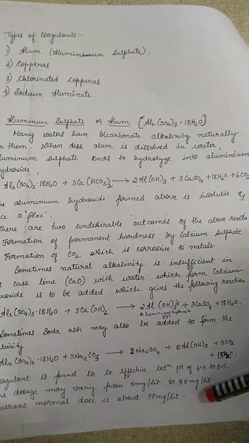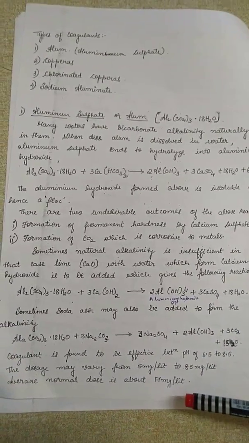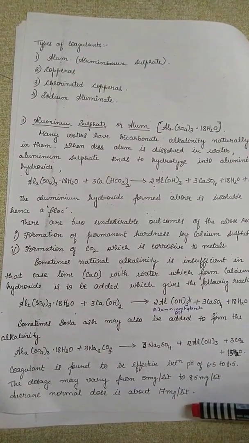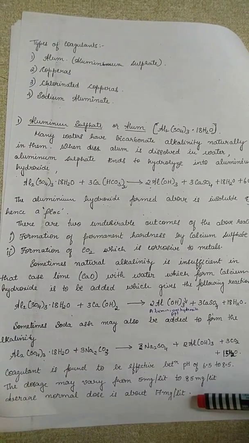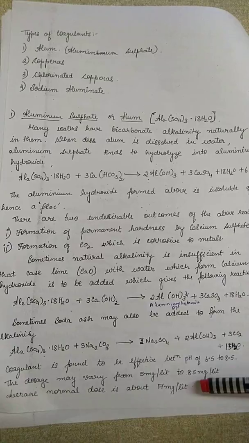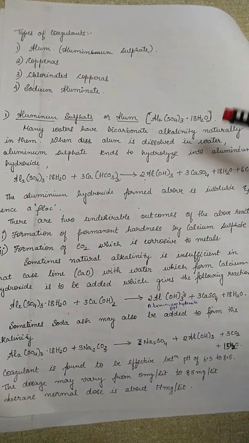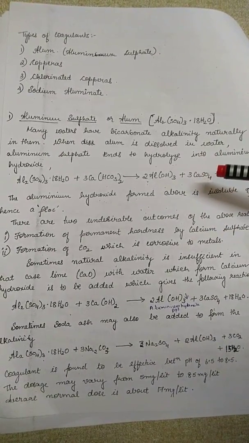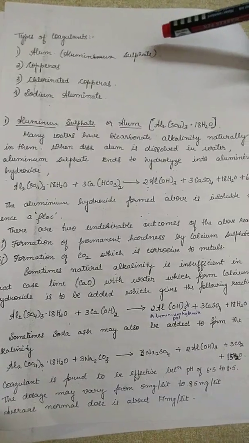Normally, the average dosage for the water which has to be treated is 17 mg per liter of alum.